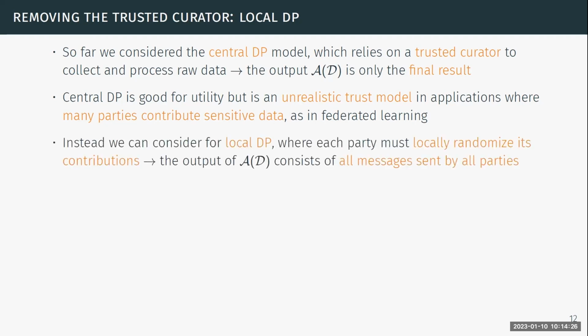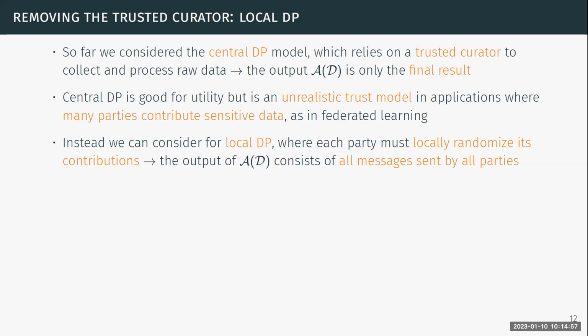So instead, what we can do is consider what's called local DP. This is the idea that now I don't have a trusted curator, so each participant will need to apply local differential privacy to whatever it sends to other people. If you think again about this decentralized algorithm at the beginning, it means that all of the messages sent by a user should be protected by adding noise locally, instead of computing the final model and then adding noise at the end.